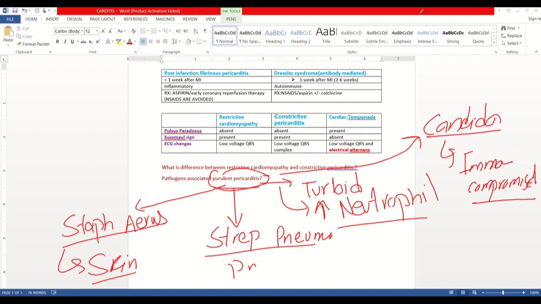So NSAIDs increase the risk of free wall rupture, and that's why we try to avoid them. And aspirin or early coronary reperfusion therapy decrease the risk of post-MI fibrinous pericarditis.